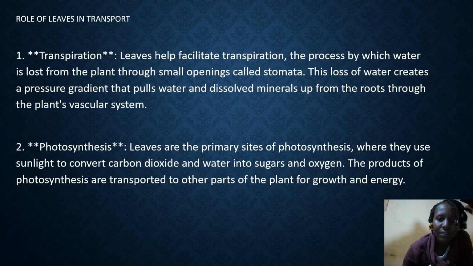Photosynthesis. Leaves are the primary sites of photosynthesis, where they use sunlight to convert carbon dioxide and water into sugars and oxygen. The products of photosynthesis are transported to other parts of the plant for growth.